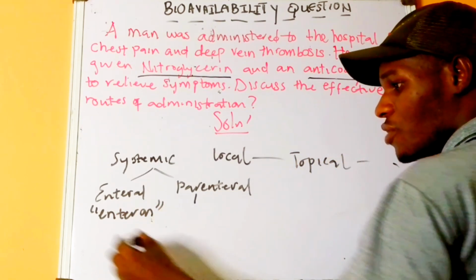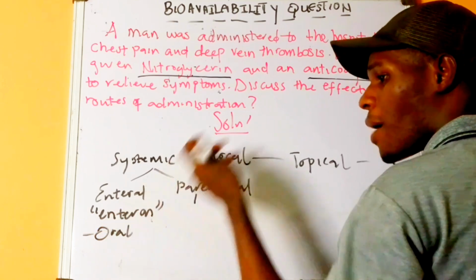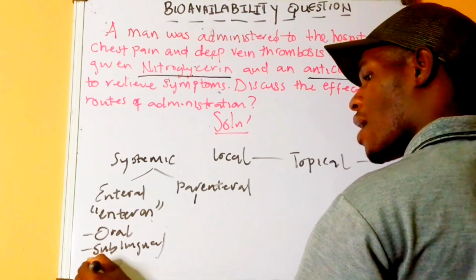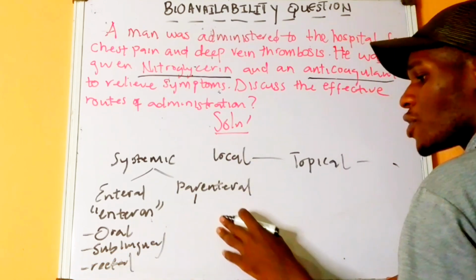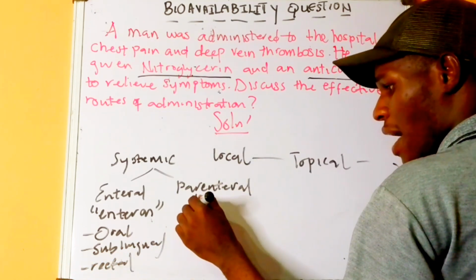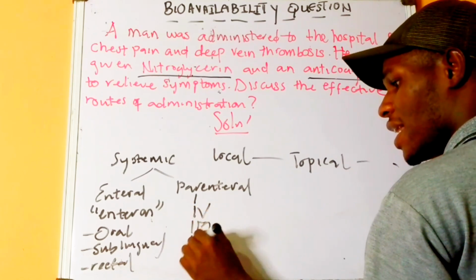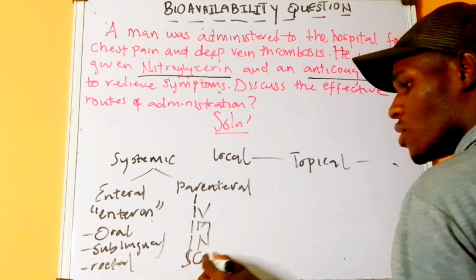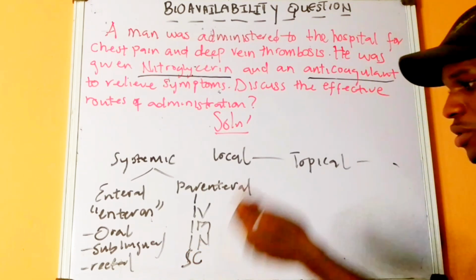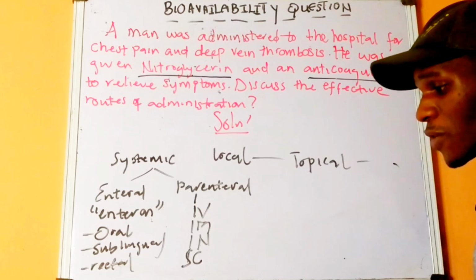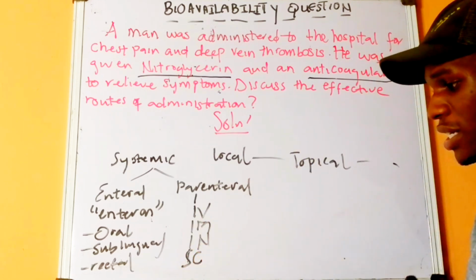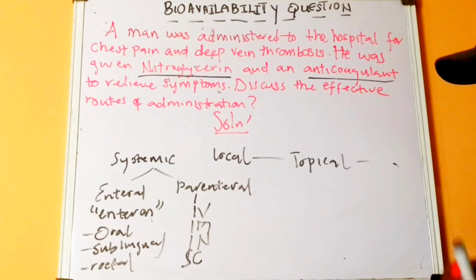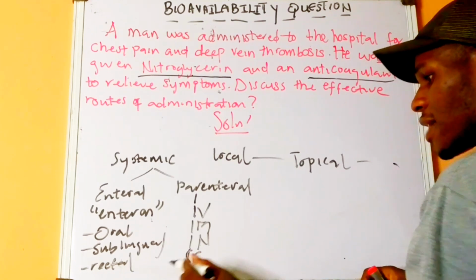For the enteral route of administration, we have oral, sublingual, and rectal. For the parenteral route, we have intravenous, intramuscular, inhalational, subcutaneous, different routes into the bloodstream, into the muscle, into the epidural space of the spinal cord, into the subcutaneous tissue, and into the artery, IA, intra-arterial.